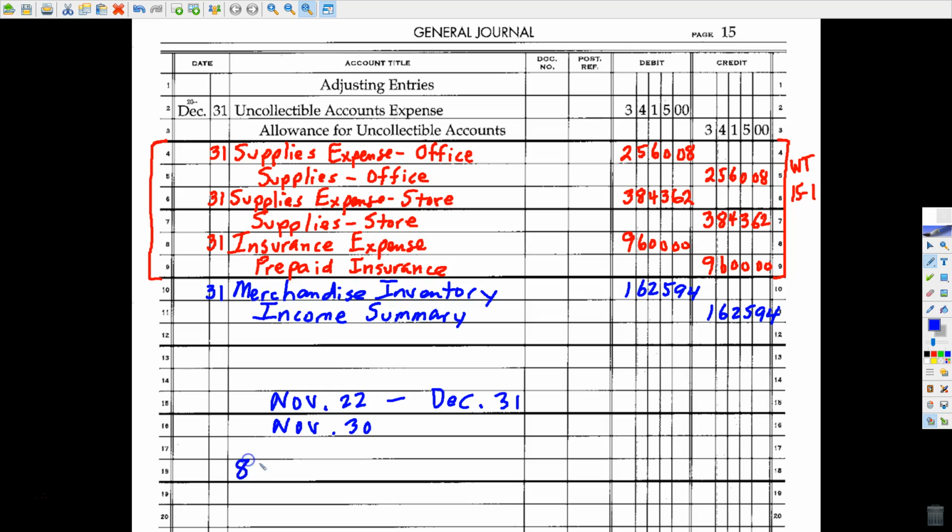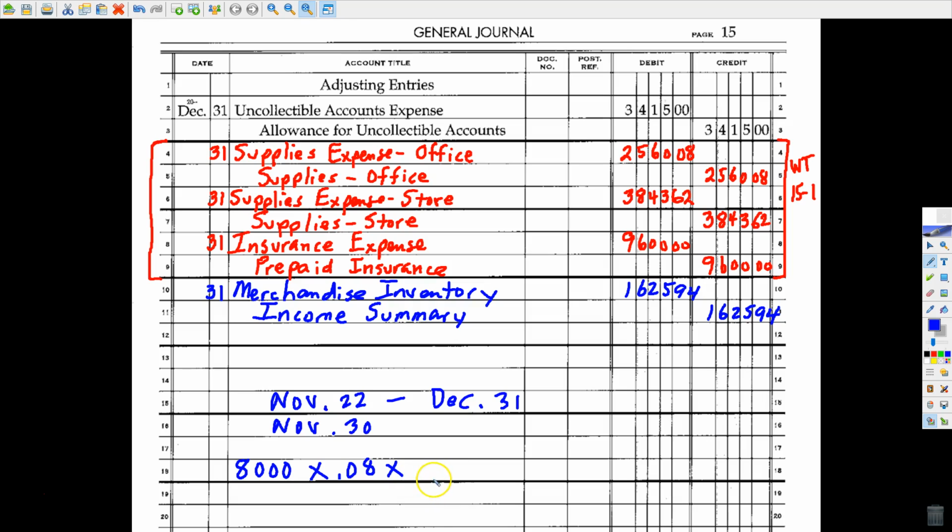So we have this note valued at $8,000, and the interest rate according to the textbook is 8%. That $8,000 came from the unadjusted trial balance, the notes receivable account, and that came from the ledger.